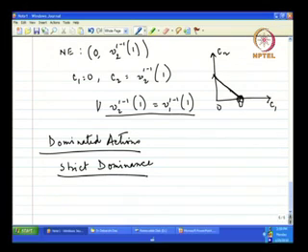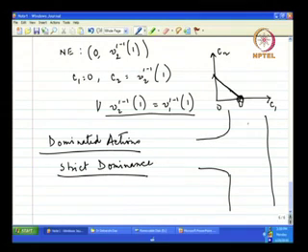Let us suppose that there is a road and on the road there is an intersection. To make it simple, let us say that this is a T intersection. So, the road looks like this, and suppose it is a 2-lane road.